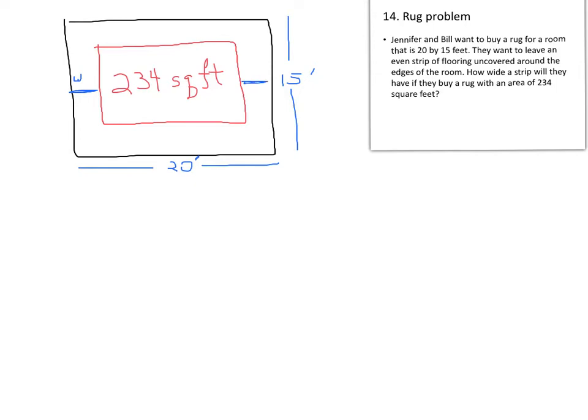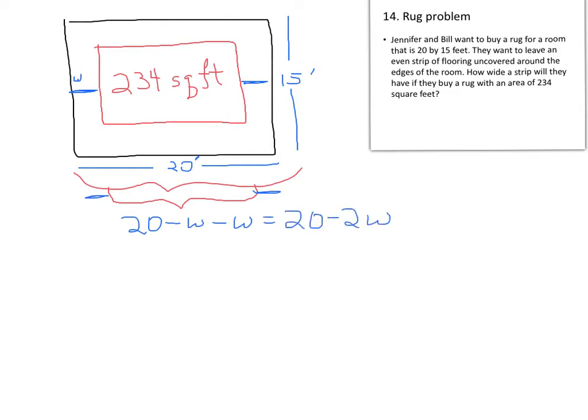So if you take this total length and then you subtract out W here and here, taking away this part and this part, then you get 20 minus W minus W, which equals 20 minus 2W. So this right here is 20 minus 2W.